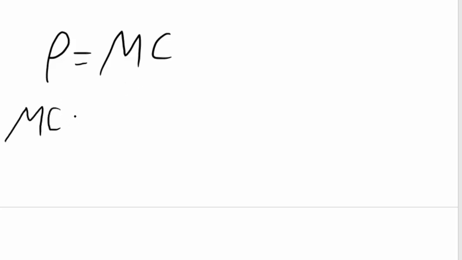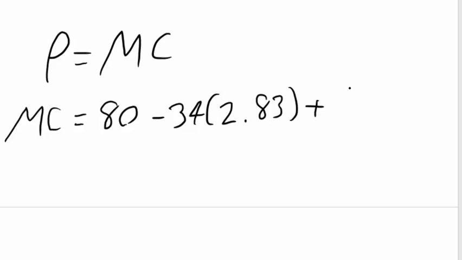So we have found our firm's quantity, or Farmer John's quantity, our little q. Now we want to find the price of yams in the market. We would find our price by using the profit maximization rule for short run of price equals marginal cost, and we would plug our q into our marginal cost function. Our marginal cost function was 80 minus 34 times Q, which is 2.83, plus 9 times our quantity of 2.83 squared.